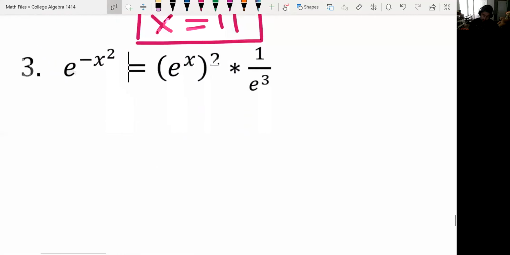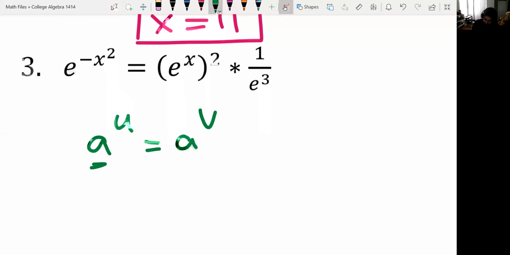Now for some good stuff. Okay. e to the negative x squared equals e to the x raised to the second times 1 over e cubed. Okay, so we want to use that equality property again on this, but remember, in order to use the equality property, there has to be a single base on both sides.